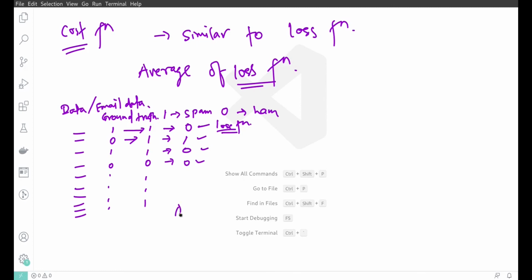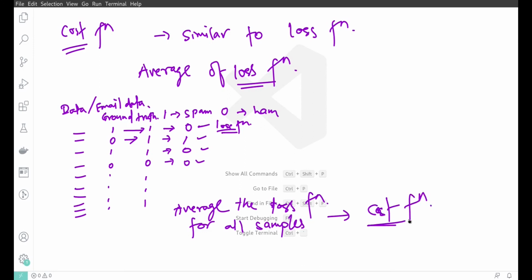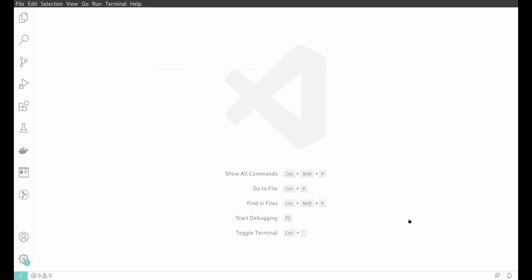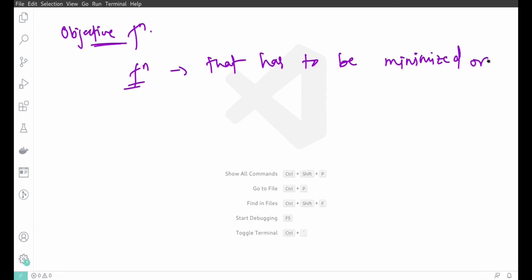But when we average the loss function for all samples, we get cost function. So cost function is basically averaging out the loss function for all the data samples. Along with this, we also have something called objective function. So objective function is any function that has to be minimized or maximized.